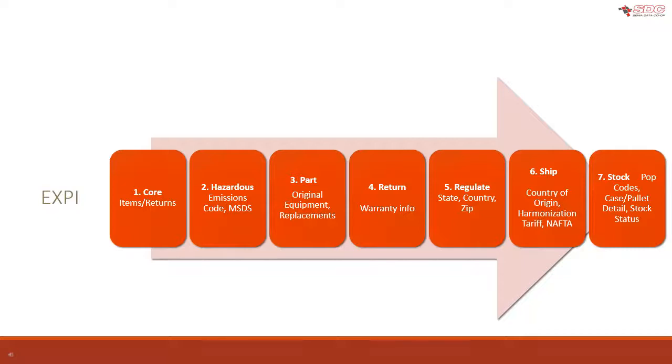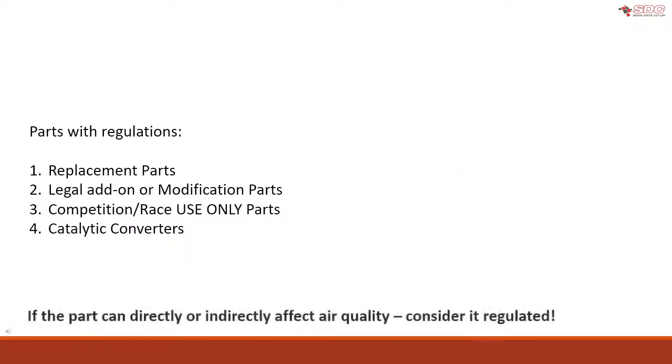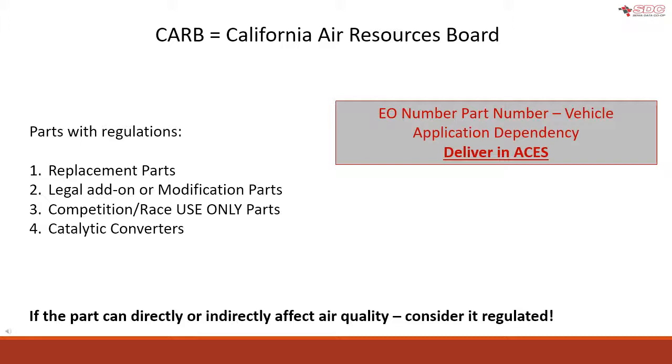Now, we can't talk about emissions without digressing a minute to make mention of the highly important CARB regulation. In addition to the emissions code that's been in the PIES standard for quite a while now, the CARB EO, or the executive order number, must now be provided to resellers as well.